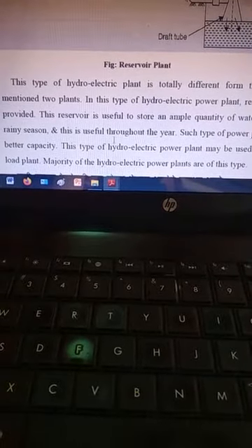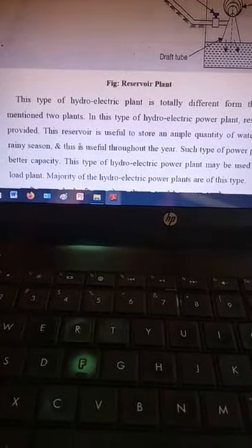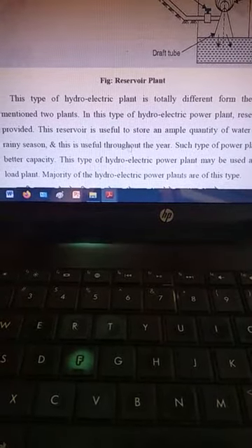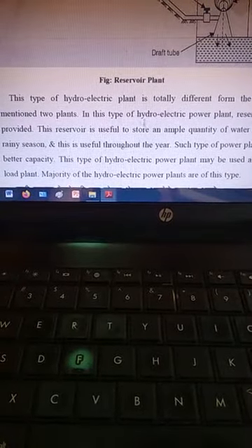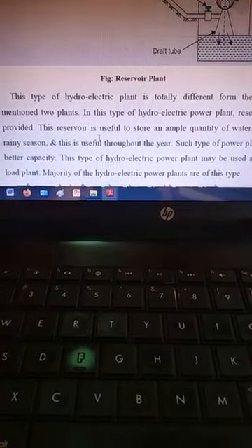So this is the big advantage of hydroelectric power plants where there is a presence of a reservoir. These are big hydroelectric power plants compared to the above two types.